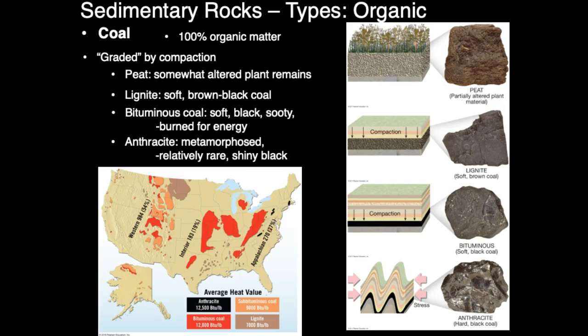This metamorphoses the bituminous coal into anthracite, which is a jet black and shiny, but still not as dense, metamorphic type of rock. Anthracite is hard to find and also hard to extract, so not much of it is used for energy producing purposes as opposed to bituminous coal and lignite.